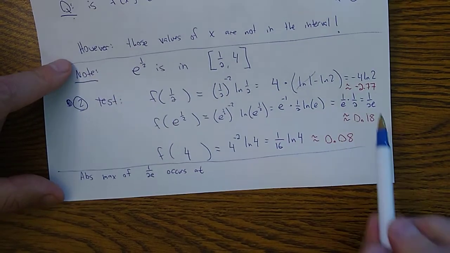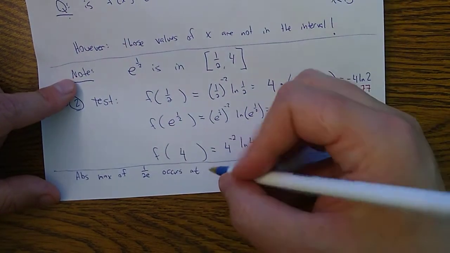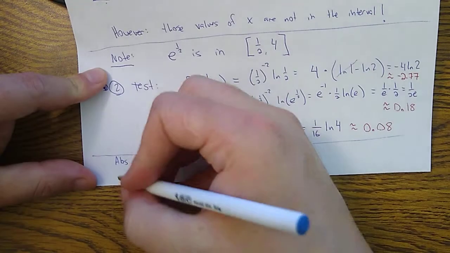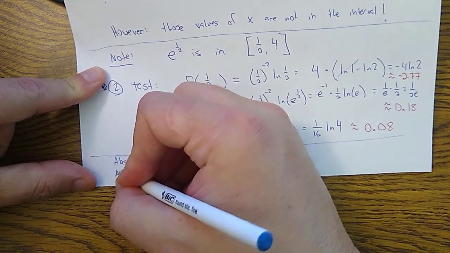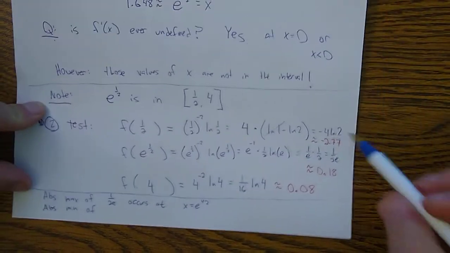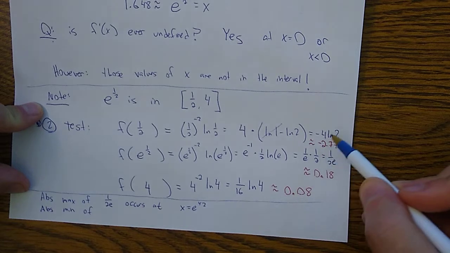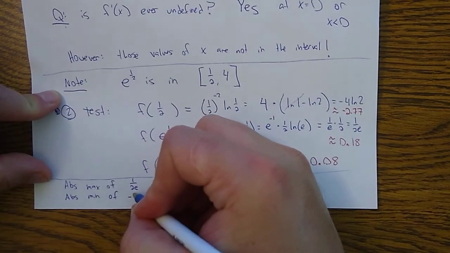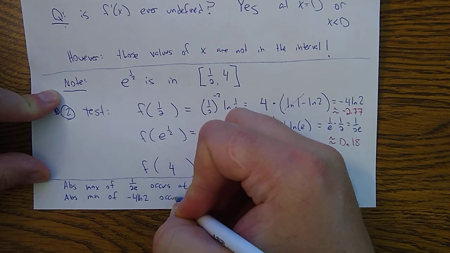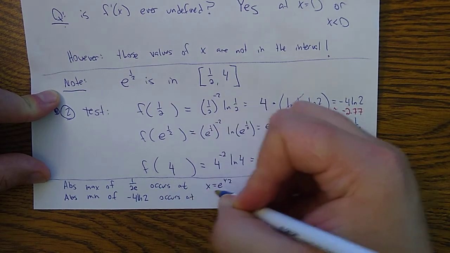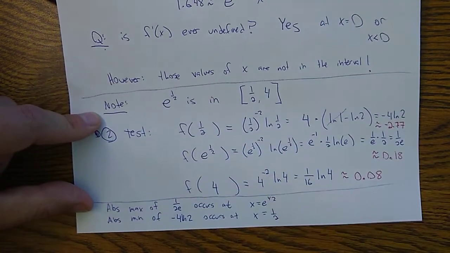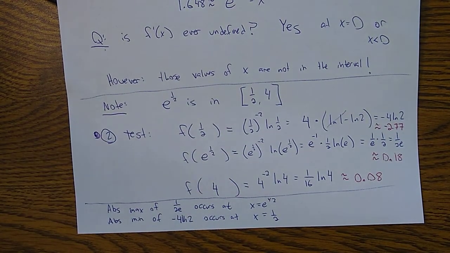And that occurs at the exact value x equals e to the 1/2. Meanwhile, the absolute min of negative 4 ln 2, I'm going to put the exact value, occurs at x equals 1/2. So that's how I put my answer.